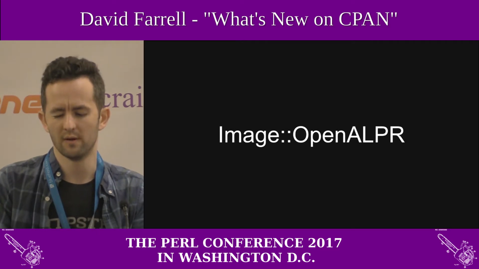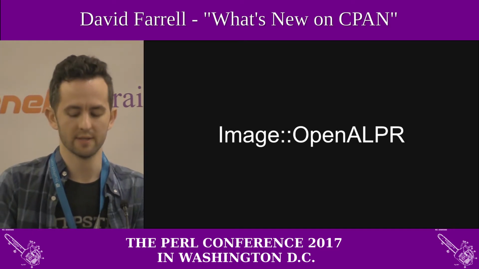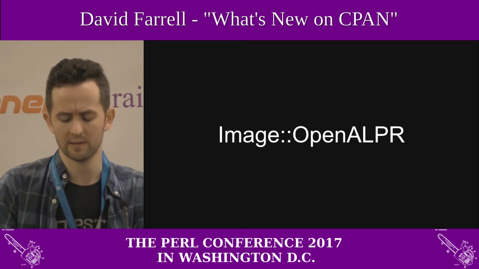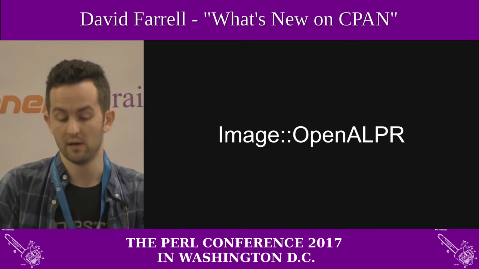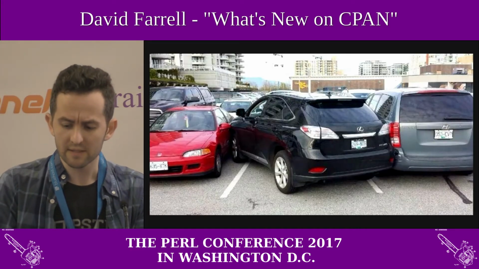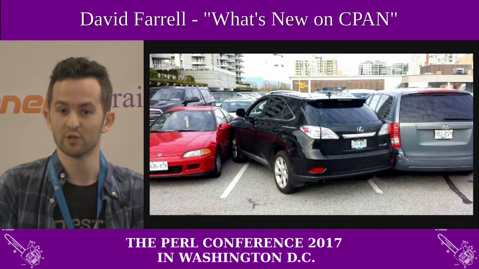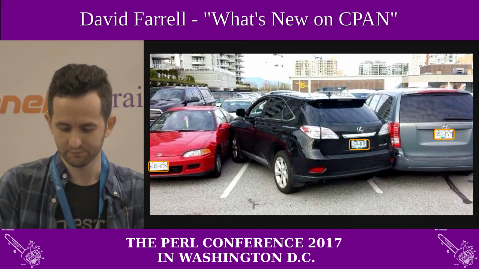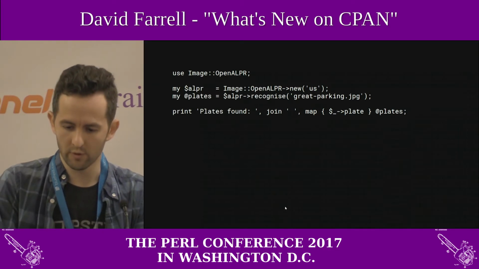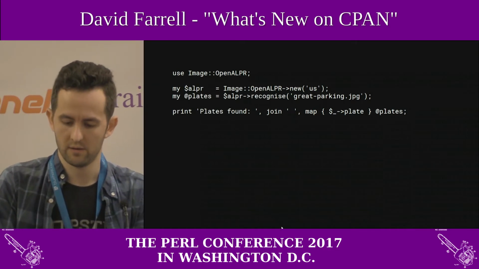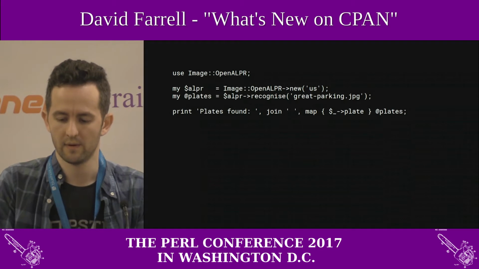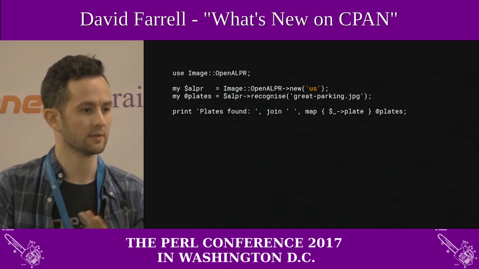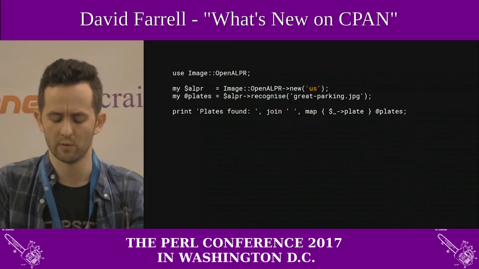OpenALPR stands for Automatic License Plate Recognition. This is a really big GitHub project. I think it's written in C or C++. Image::OpenALPR lets you use it with Perl. So let's say you have a picture like this, and you want to extract the license plates from this image. Okay? You import the module, call the new constructor method, and it takes either US or EU as a string, so it recognizes those license plates only at the moment.